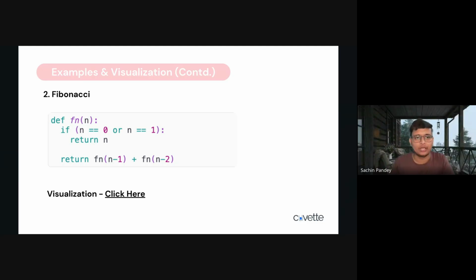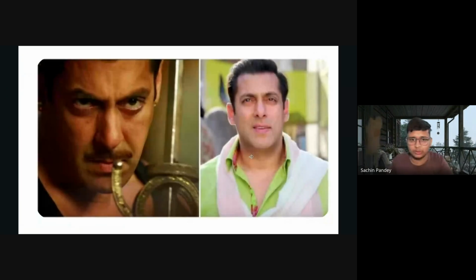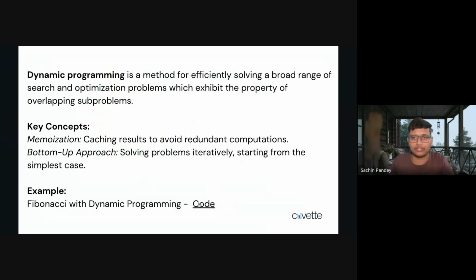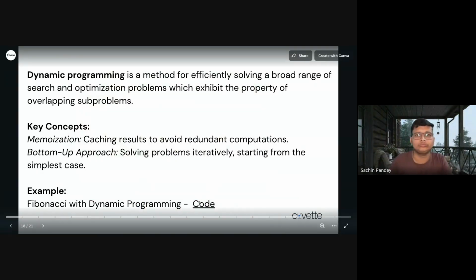You store the result in that so that you can check later whether this value was calculated or not. I guess I had one example. This is what memoization works on.